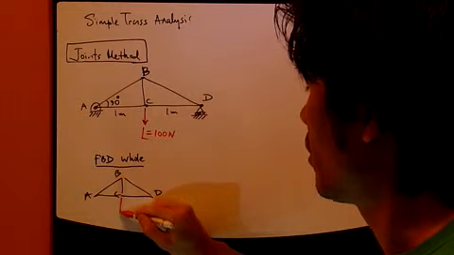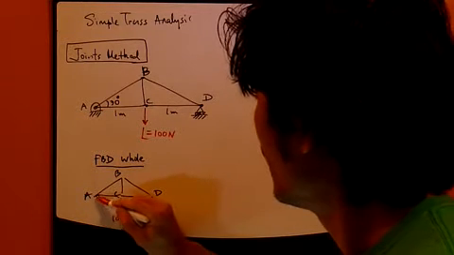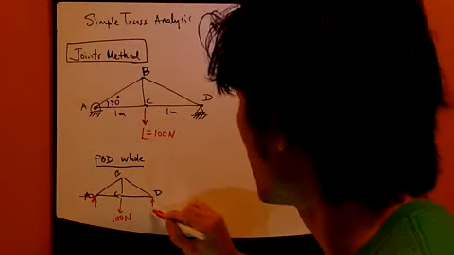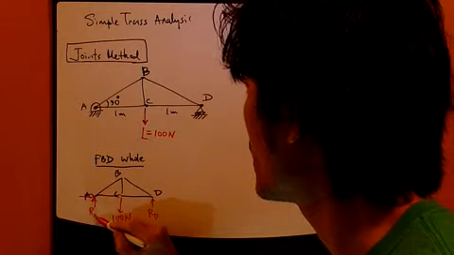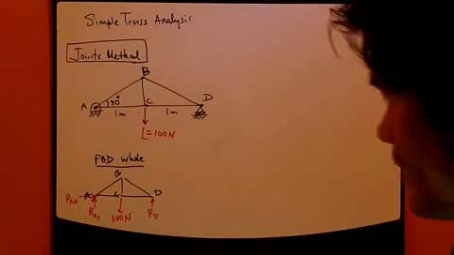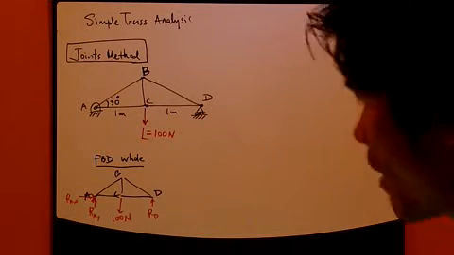I have this load of 100 Newton. I have this reaction force at D, reaction force at A, RAY, RAX, and apply the equations for this whole free body diagram.